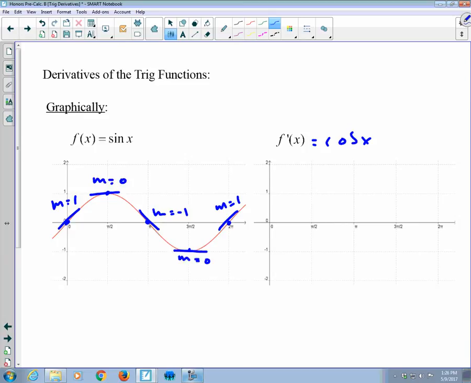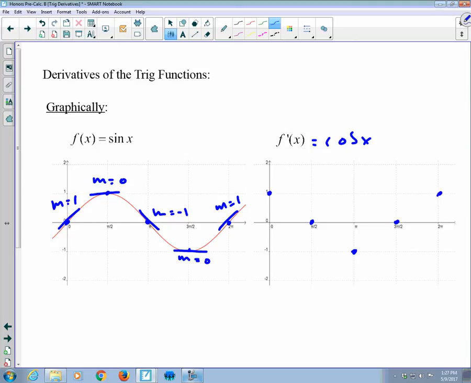And then right here, graphing our derivative, we took inputs of x values and outputs of slope values. So starting out at 0, we have a slope value of 1. And then at pi/2, we've got a slope value of 0. And then at pi, we have a slope value of -1. At 3/2 pi, we've got a slope value of 0 again. And then at 2 pi, we've got a slope value of 1.